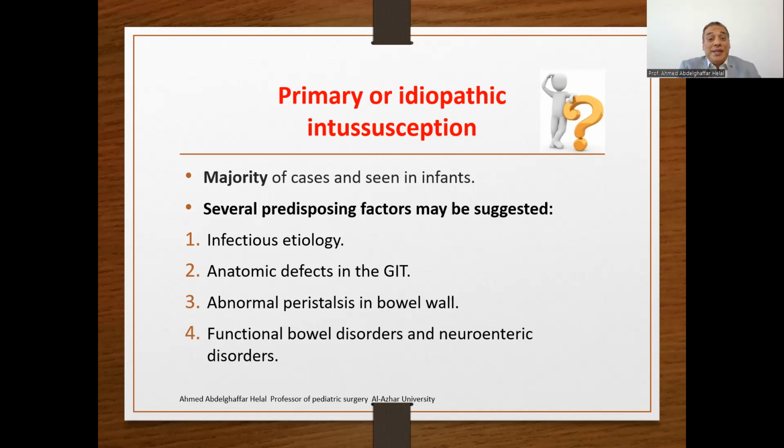So these are the predisposing factors trying to explain why primary or idiopathic intussusception happens. What is the etiology? These are some supposed or suggested theories trying to explain this abnormal process of invagination or telescoping.